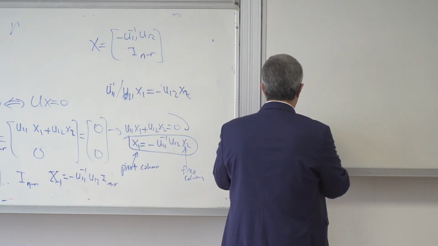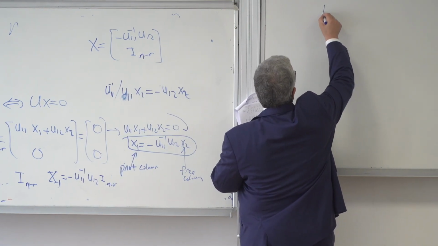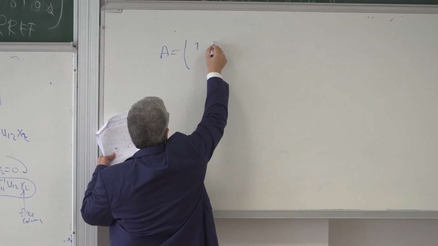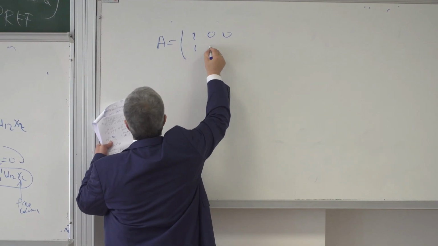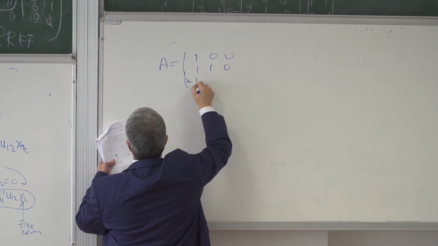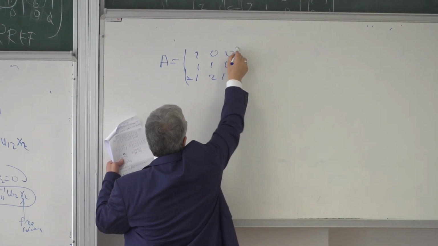So, let's say I have an example where A is given in LU decomposed form already, okay, -1, 2, 1.